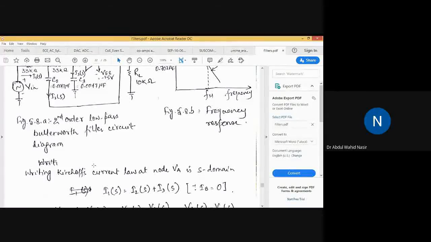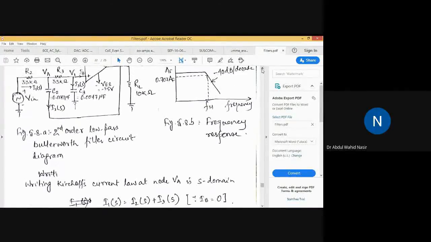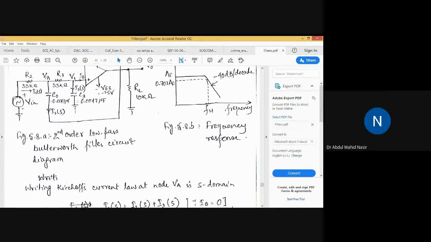Writing Kirchhoff's current law at node VA. Where is the node VA? This is the node VA. If you write the current equation at node VA, I1, the current flowing through R2, should be equal to the sum of the currents I2, I3, and IB.